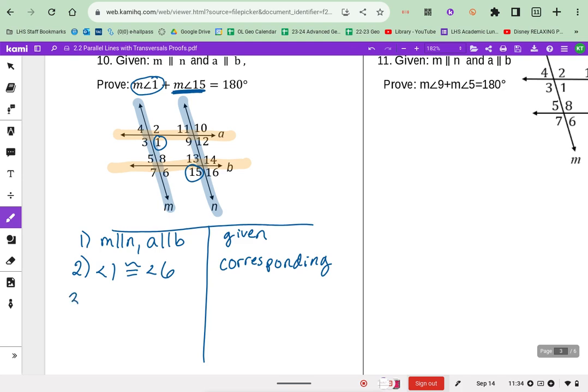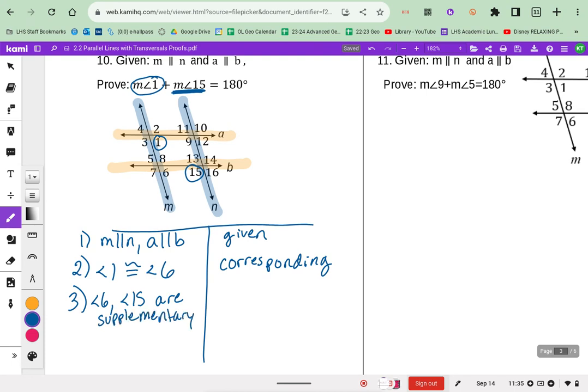So yeah, step 3, we'll say angle 6 and angle 15 are supplementary, sorry. 6 and 15 are supplementary. Because they're same side interior.